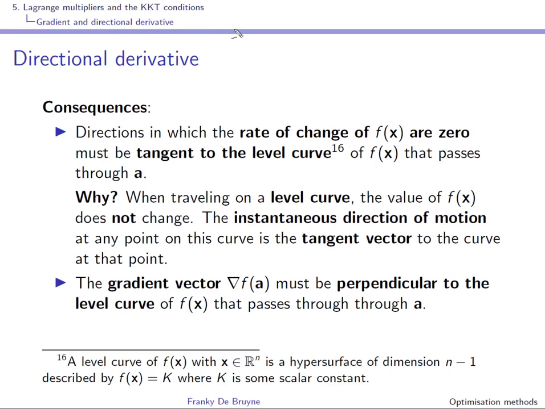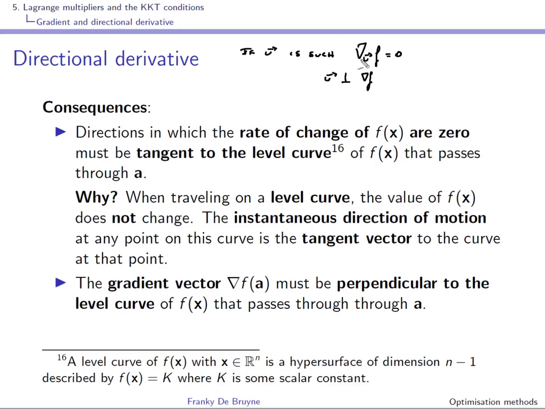We have just seen that if the direction u is such that the directional derivative of f in this direction is 0, then this vector is perpendicular to the gradient. But this direction is then such that the rate of change of f in that direction is 0.